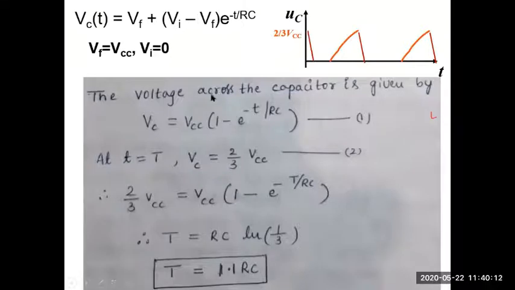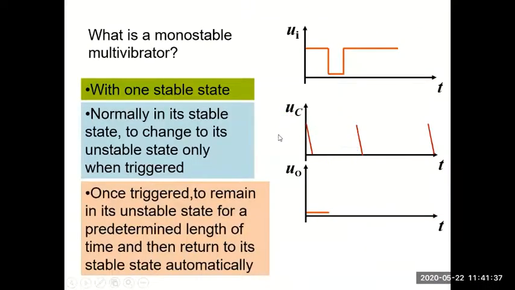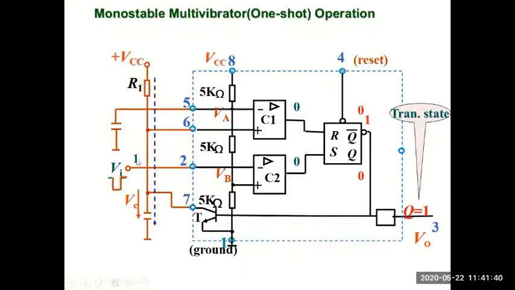Now for our monostable circuit, the value of final voltage will be Vcc, if we would have allowed the capacitor to charge completely. Remember the capacitor can reach up to Vcc. You remember the previous circuit here? This capacitor is connected through resistor Ra to Vcc.